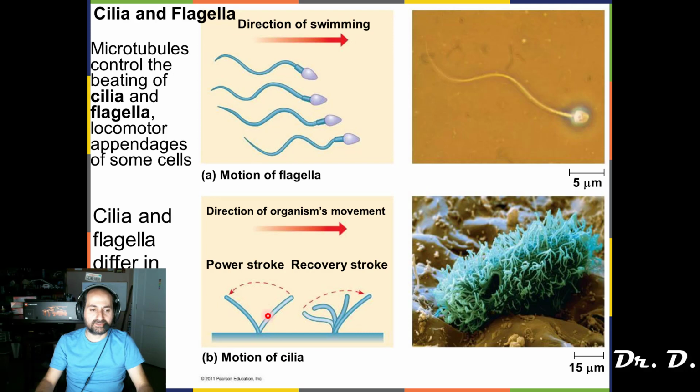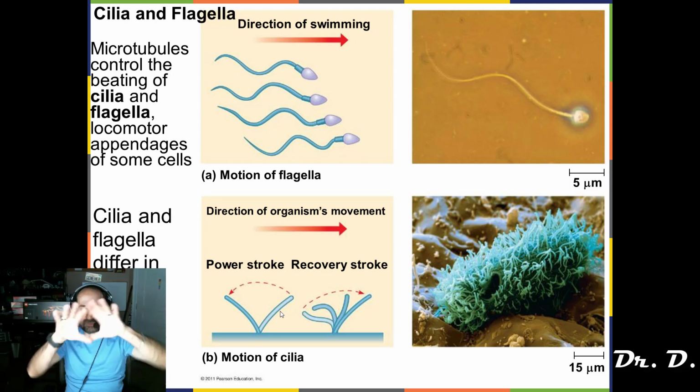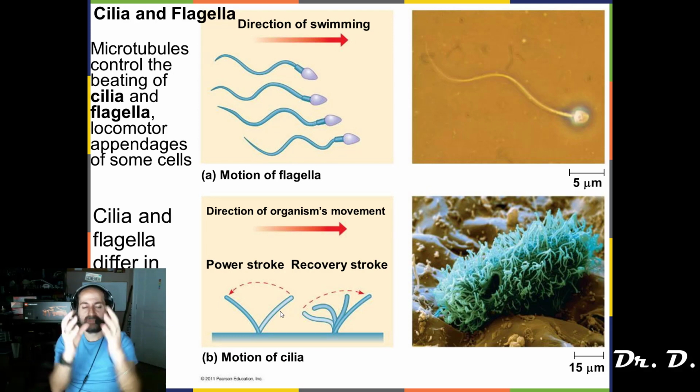These are short hairs that beat. They're much shorter than a flagella. Flagella is like a long whip, all right? In comparison, cilia are short hairs. And usually, a cell would be surrounded with cilia, many cilia, whereas usually a eukaryotic cell only has one flagella, right?